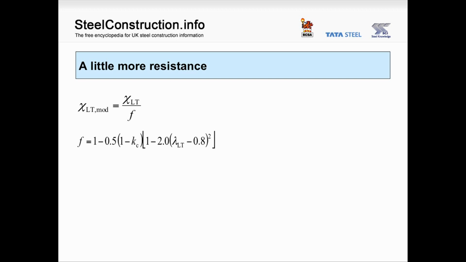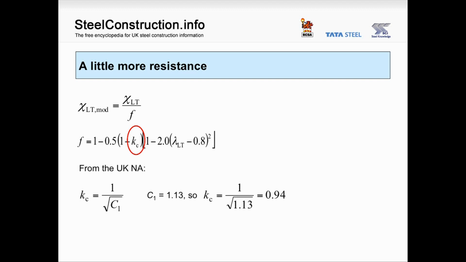F primarily depends on this term Kc, and Kc is associated with the shape of the bending moment diagram. From the UK National Annex, Kc is defined as 1 over root of C1. We know that for a UDL, C1 is 1.13, so in this case Kc is 0.94.